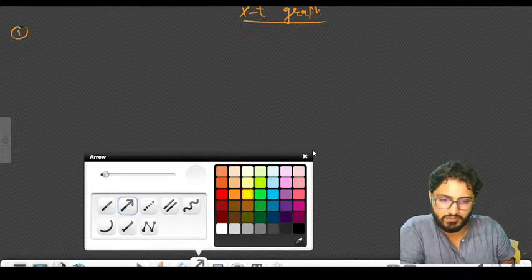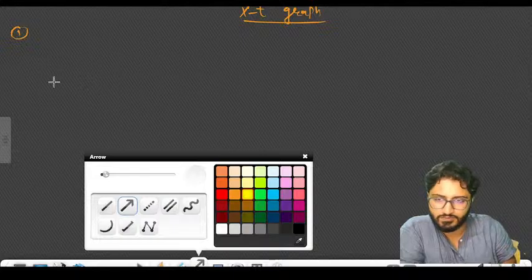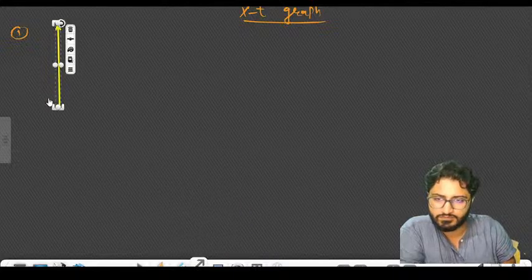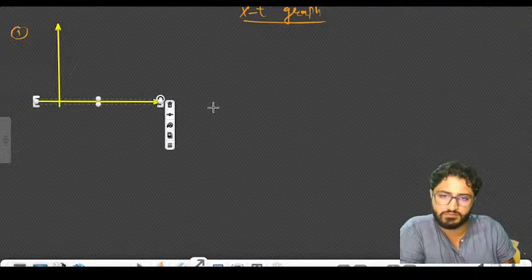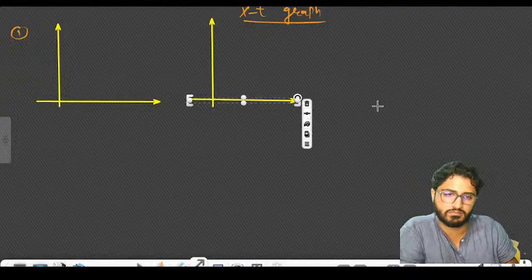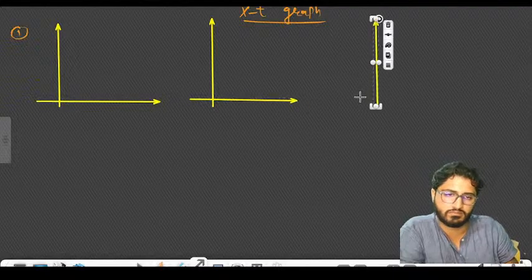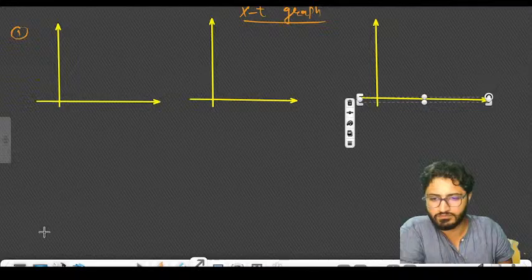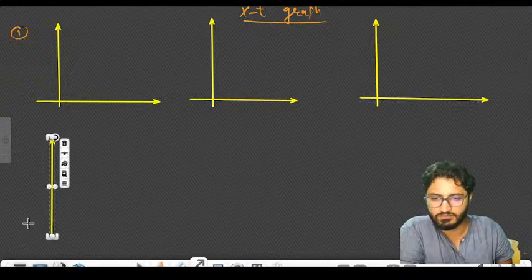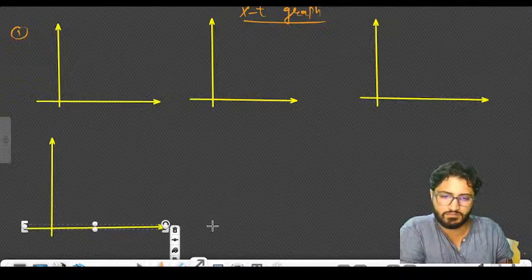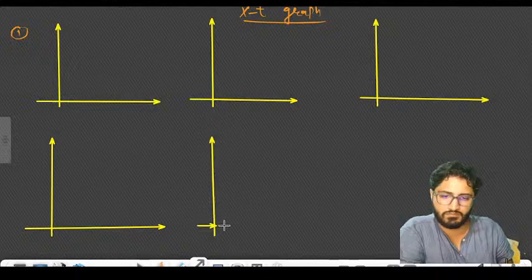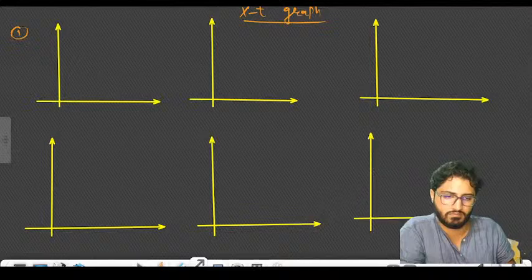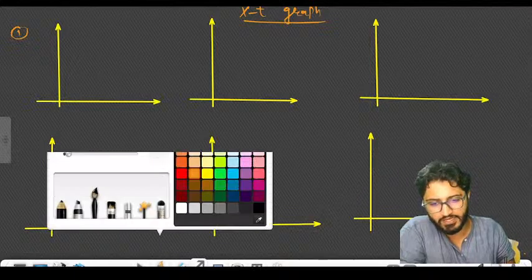Look now. We are having six graphs like xt graph.